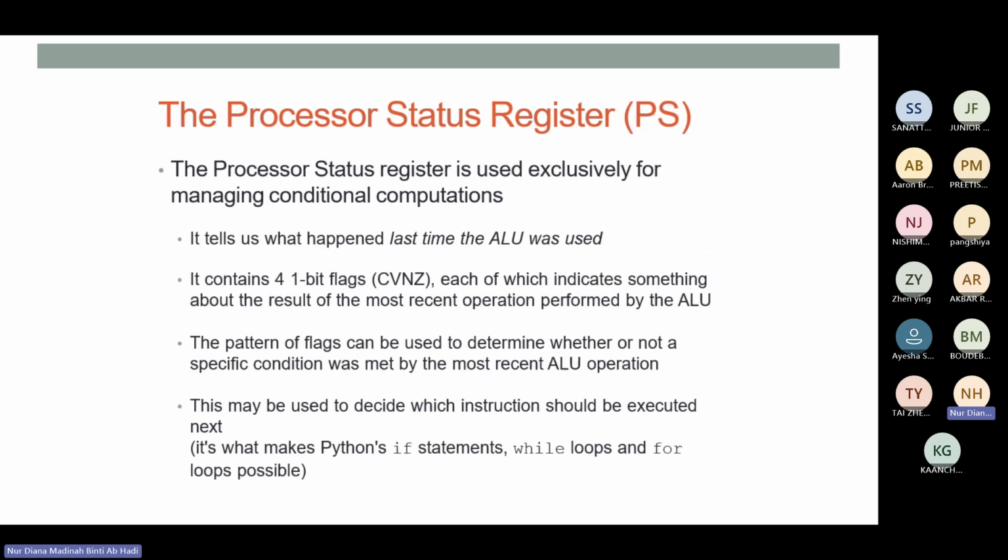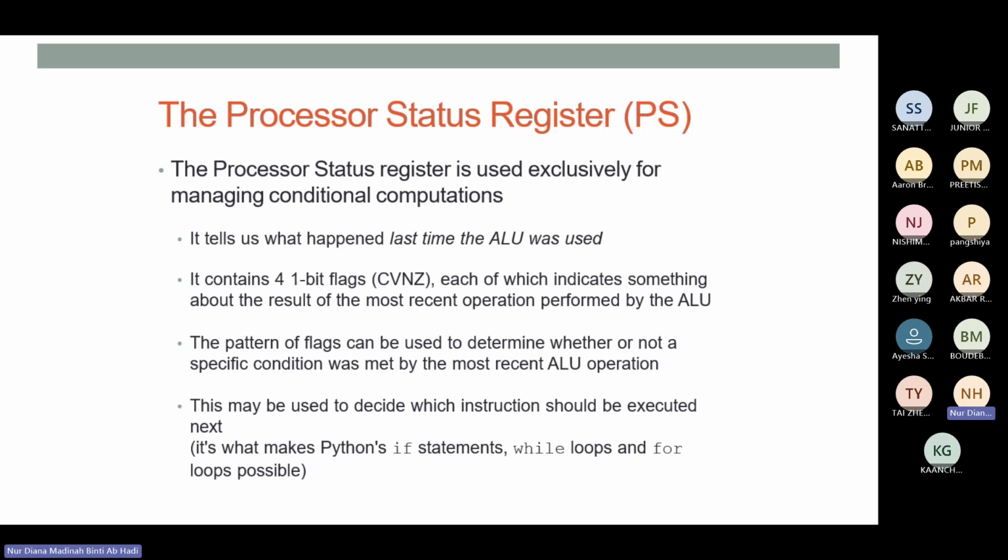Next is your PSR. The PSR is used exclusively to manage conditions for computation. It tells what happened the last time you used your ALU. Usually you have four 1-bit flags, C, V, N and Z, each of which indicates something about the result of the most recent operation performed by the ALU.